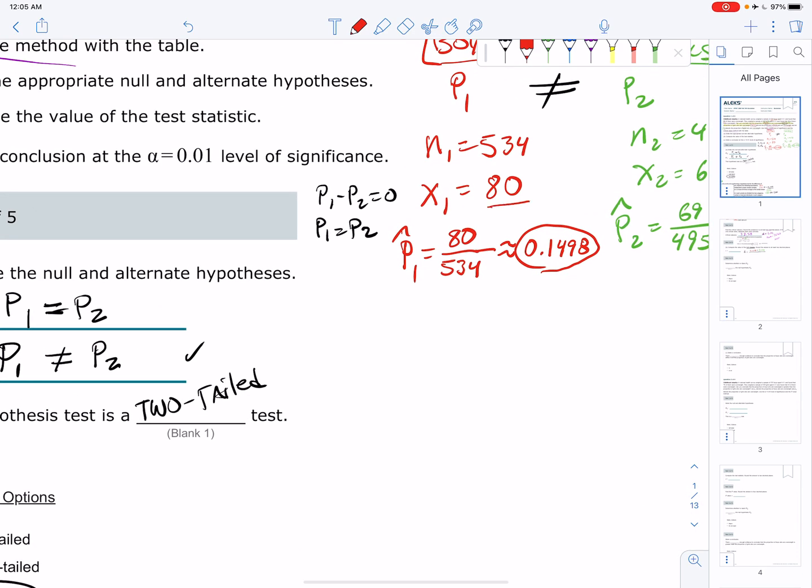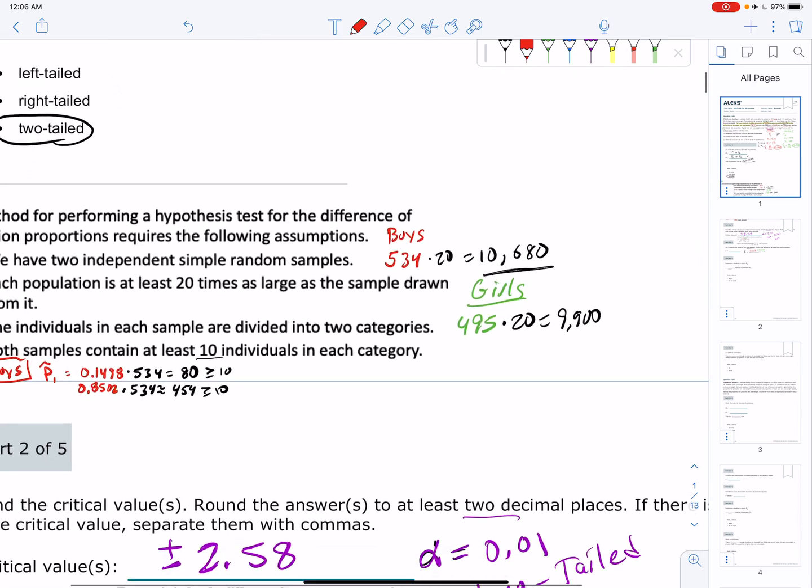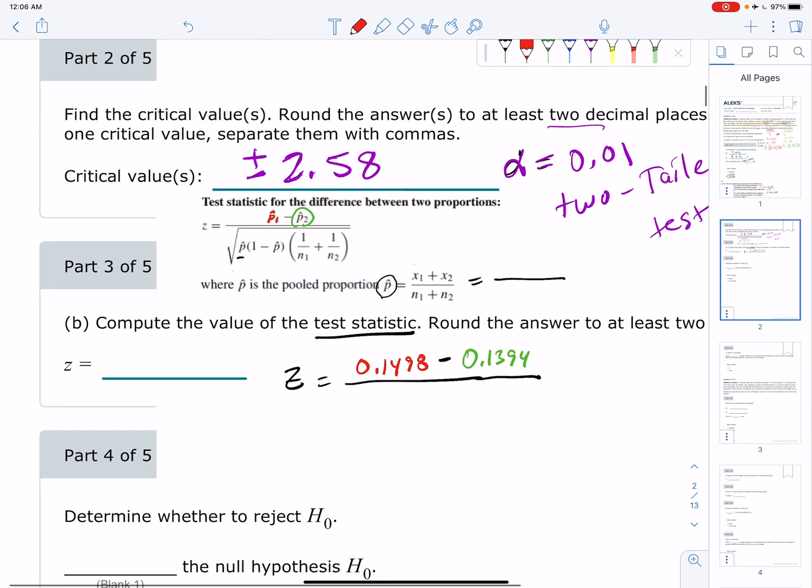X sub 1 is 80, and x sub 2 is 69. Okay, so let's fill that in. X sub 1 was 80, and x sub 2 is 69. So that gets added together, and we're pooling together. Remember, these are two samples, and I need the pooled sample. And there's different ways of doing this. This is the easiest way, so I think that's nice to do something the easiest way, right?